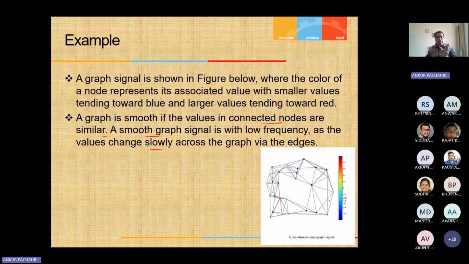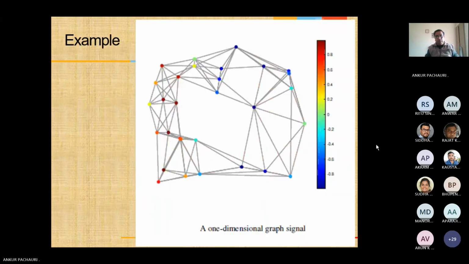So based on those values, we are converting the graph into the form of some signals. If I find one neighbor with dark blue and another with dark red, this transition is not that smooth.